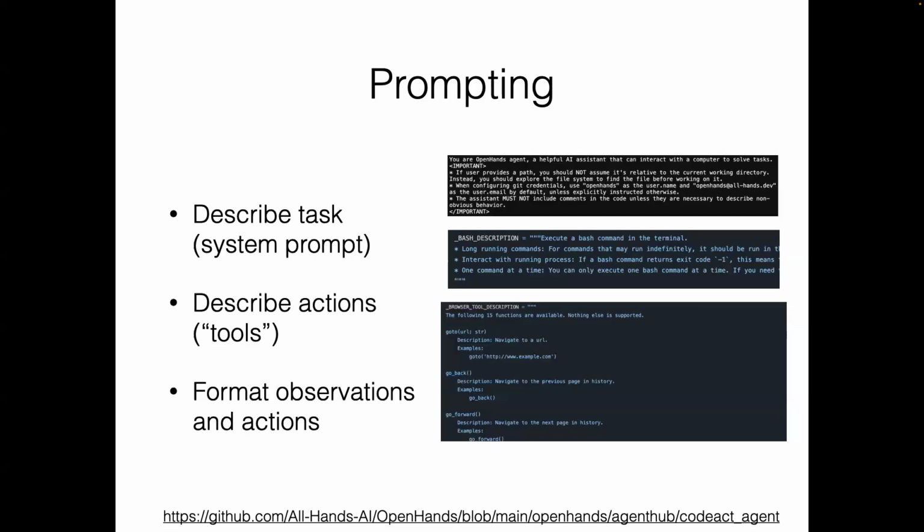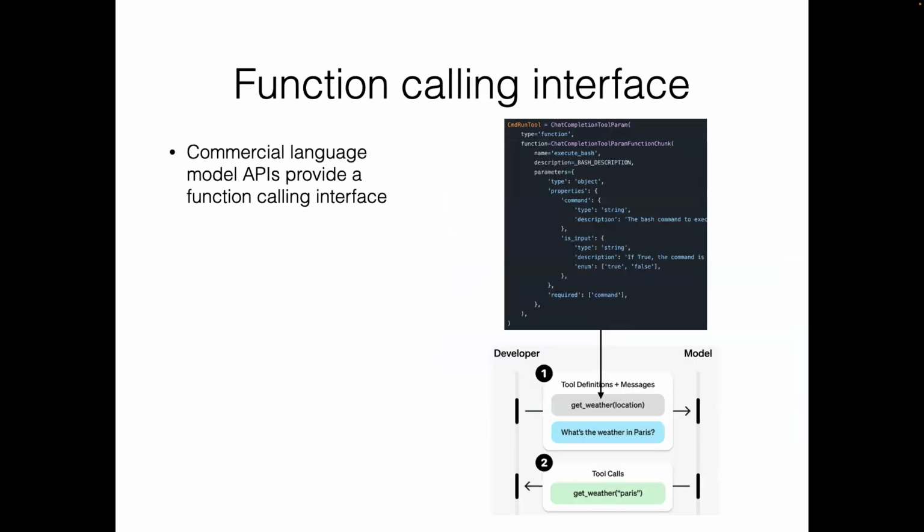So I wanted to say a bit more about describing the actions or the tools. It turns out that this pattern of making these tool calls or actions is popular enough that the different commercial language model APIs actually have a specific way to tell the model about them.